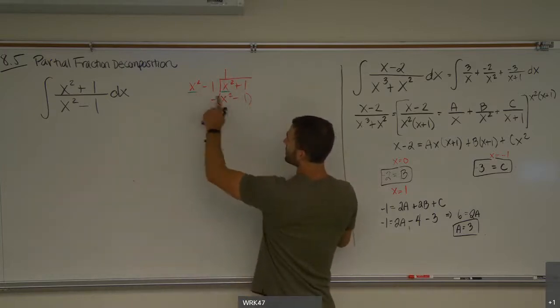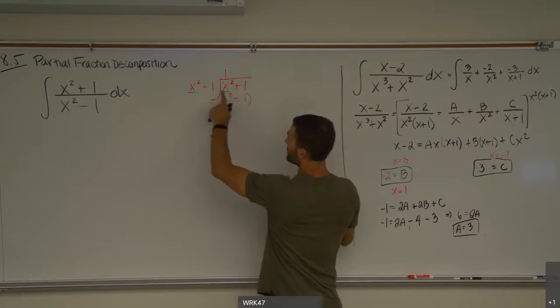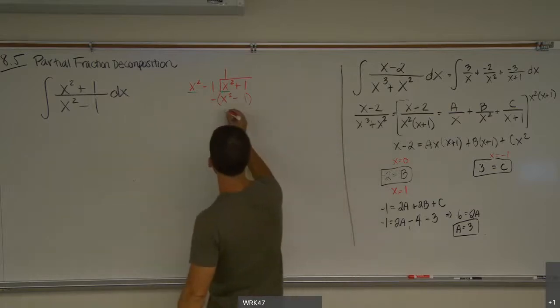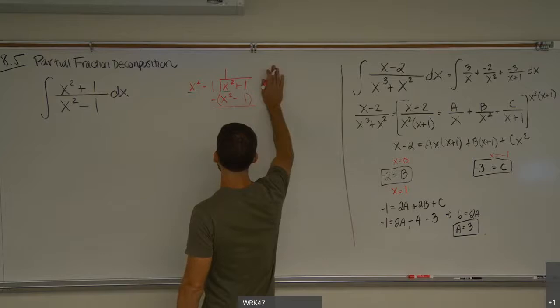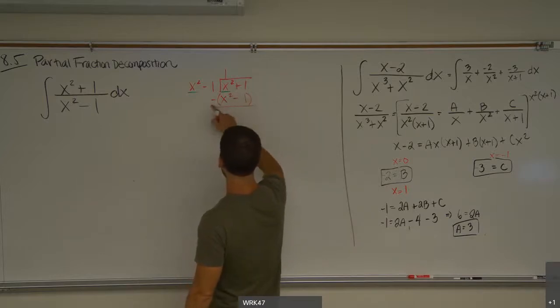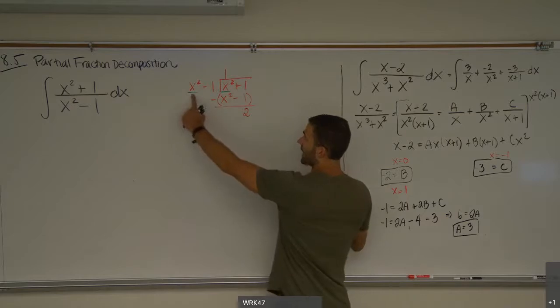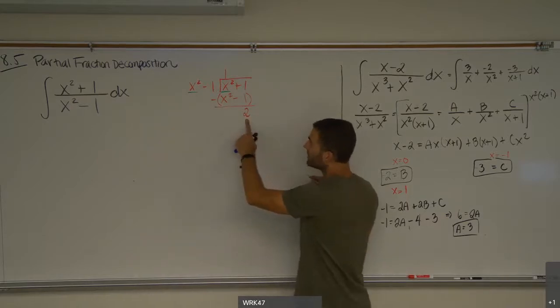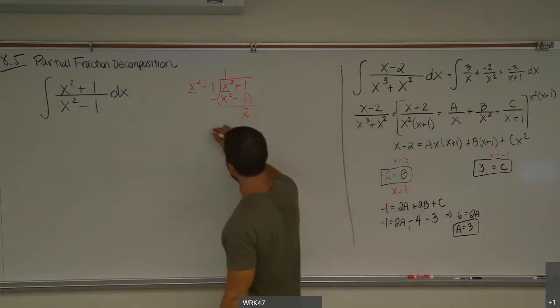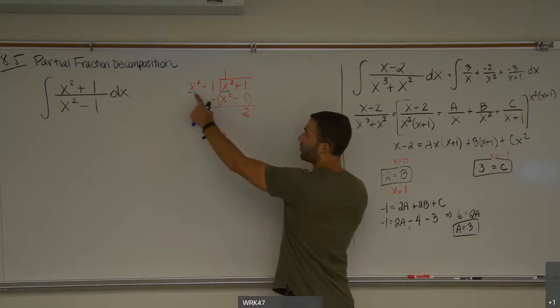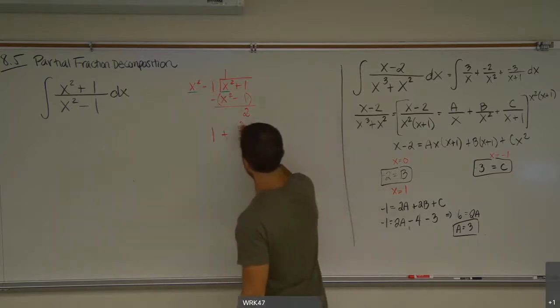All right, so we take 1 times x squared, 1 times negative 1, and then subtract it from this. x squared minus x squared is 0. 1 minus negative 1, that's 1 plus 1, which is 2. Now x squared doesn't go into 2 at all. Okay? So at that point, we're done. Right now we have a proper fraction. And how would we write it? Well, you always write it as your quotient, which is 1, plus my remainder over what we've divided by. All right, that's my remainder fraction.